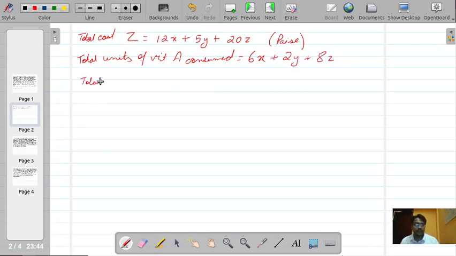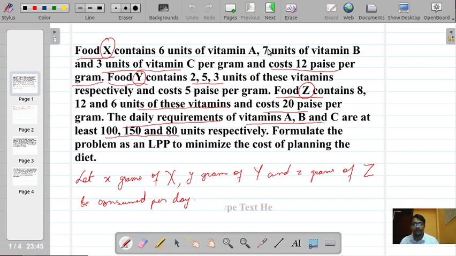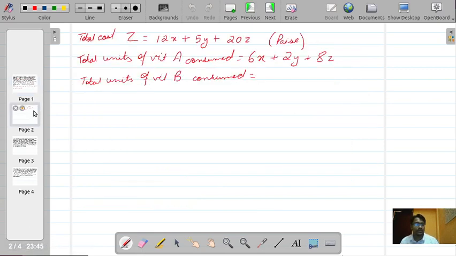Similarly, total units of vitamin B consumed is equal to 7 units for the first one, 5 units for the second one, and 12 units for the third one, so 7x plus 5y plus 12z. This is the total units of vitamin B consumed.